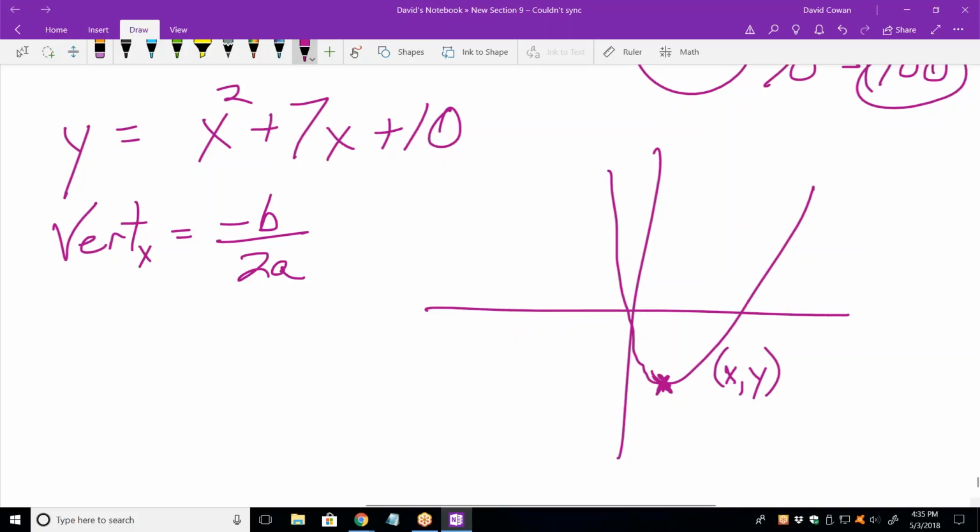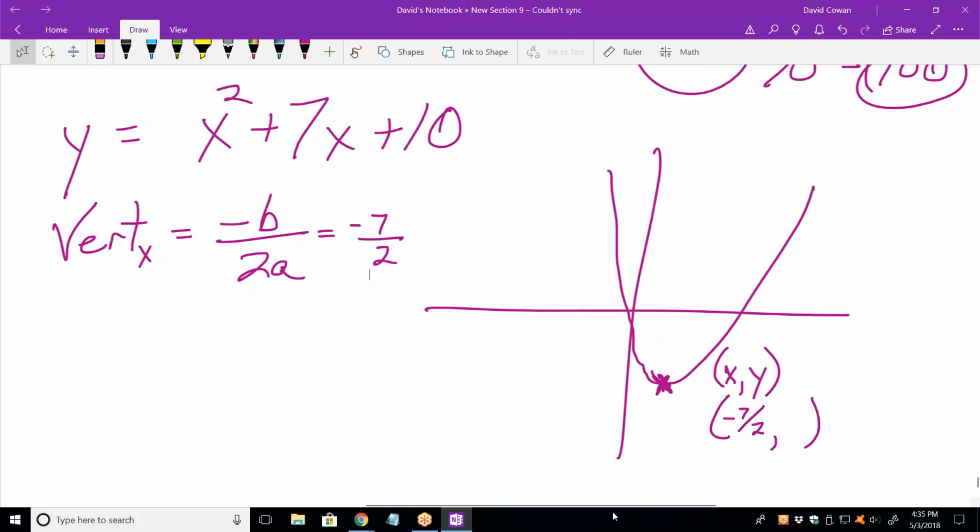Notice that that's the first part of the quadratic formula, right? Right. So what is that in this case? What's minus b over 2a? Minus b over 2a is negative 7 over 2 times 1, so negative 7 halves. That is the x-coordinate, -7/2.